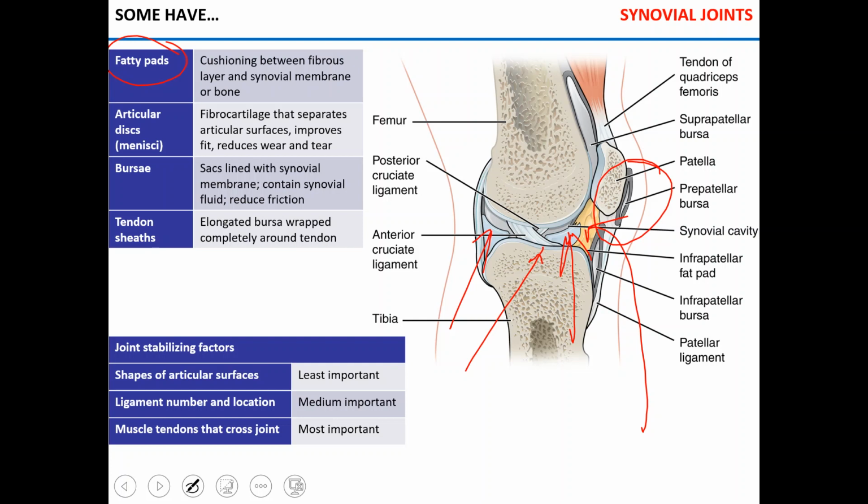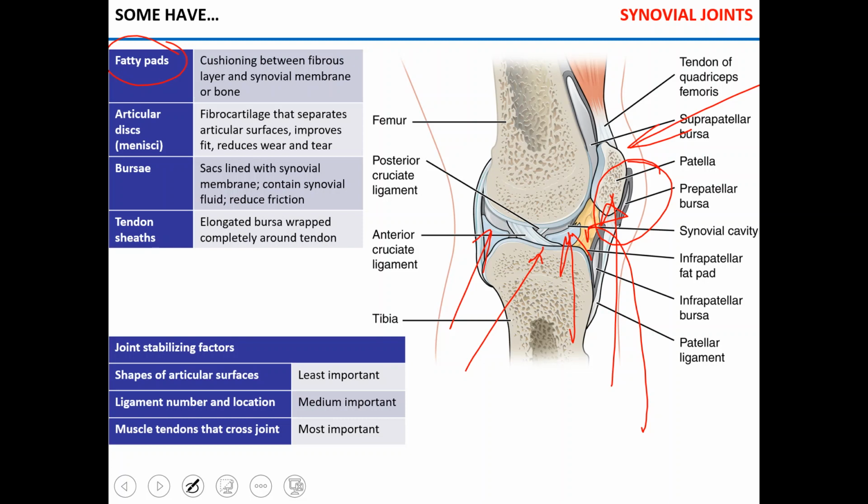Outside of the sacs is synovial membrane, and inside is synovial fluid. So they're like soft bearings that separate, in this case, the connective tissue on the outside from the patella. That's prepatellar bursa. Prepatellar bursa rolls like a bearing, reducing the friction between the bones and the ligaments or tendons of the muscles.